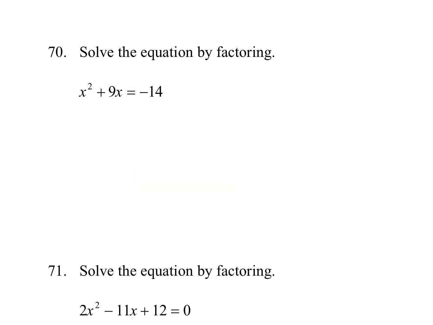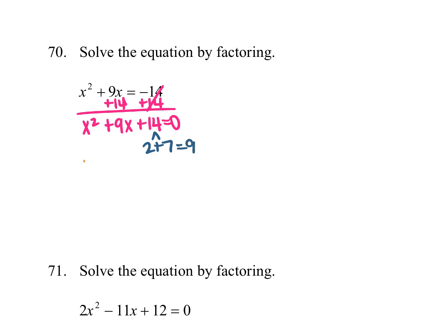For 70, we are solving the equation by factoring. We're given x squared plus 9x is equal to negative 14. We're going to move the 14 over first by adding it to both sides. It gives us x squared plus 9x plus 14 is equal to 0. Your factors of 14 that add to be 9 are 2 and 7.